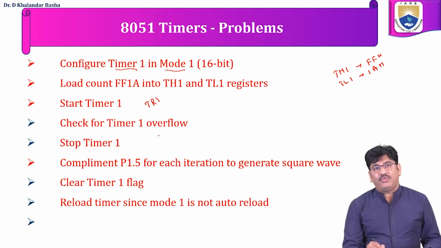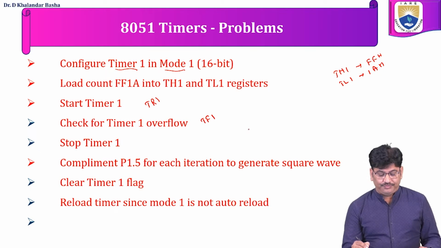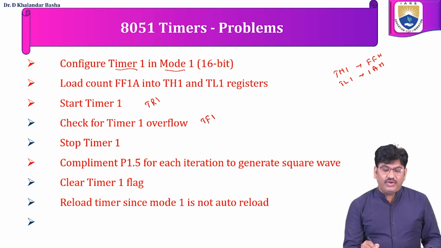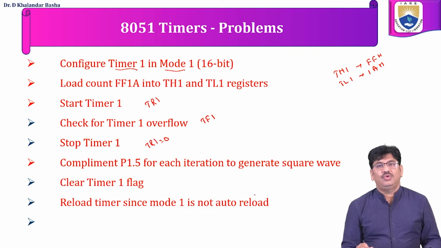Check timer 1 overflow by checking TF1 in the TCON register. If TF1 is equivalent to 1, it indicates that the required duration, that is 250 microseconds, is done. Then you can go for complementing the value. Once the overflow has occurred, stop the timer by configuring the TR1 bit as 0.